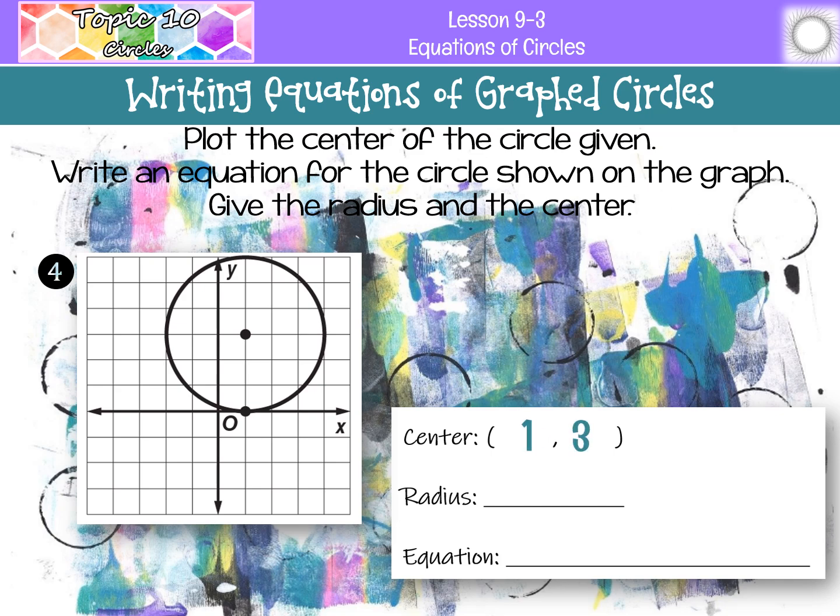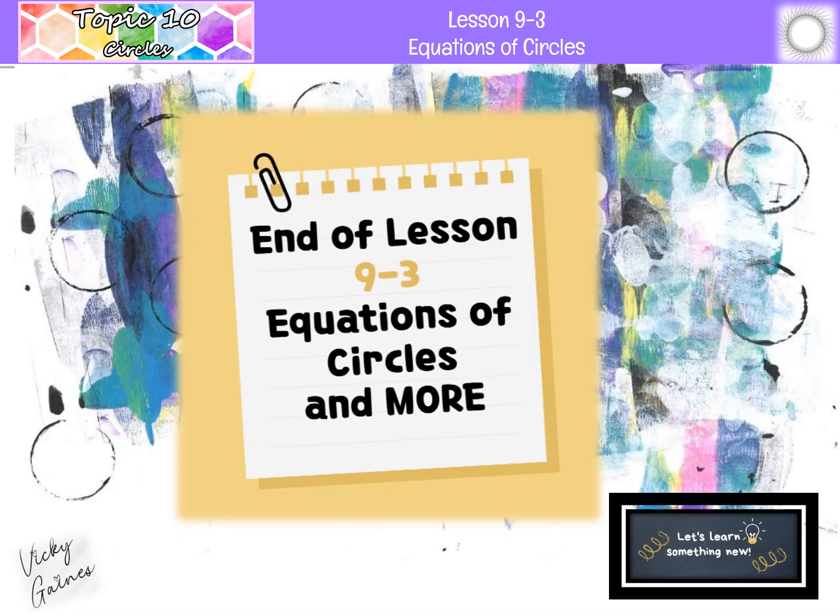Number 4, we have our center at 1, 3. There is our radius, which is 3. Write our equation, quantity x minus 1 squared plus the quantity y minus 3 squared equals r squared, which is 9. And that's the end of lesson 9.3, equations of circles.